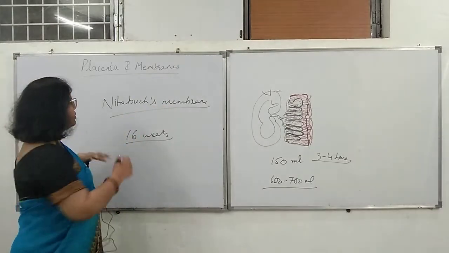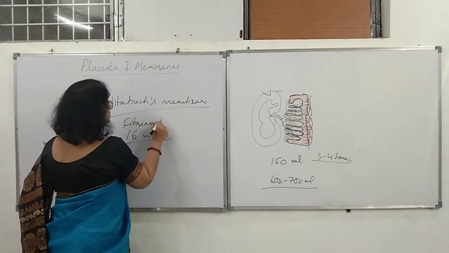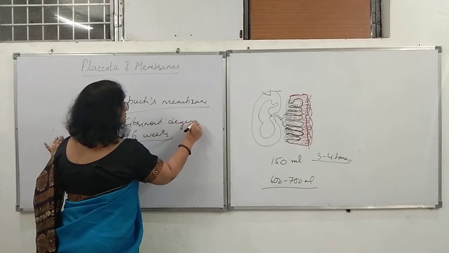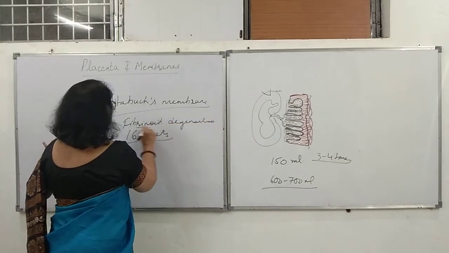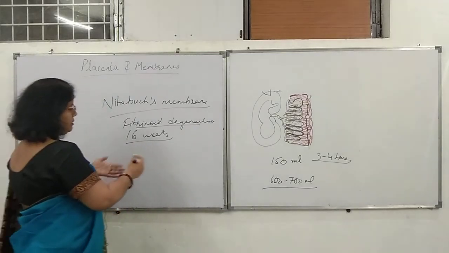There occurs fibrinoid degeneration of the invading trophoblastic tissue at the end.